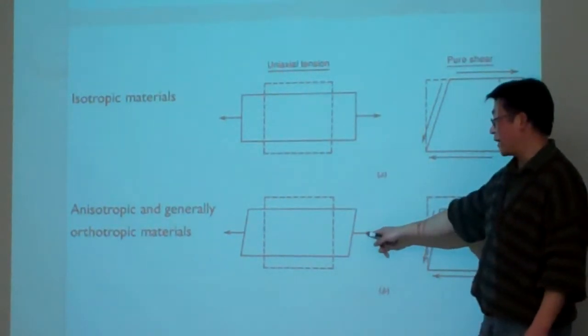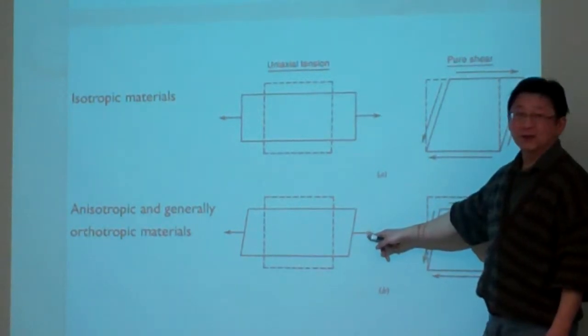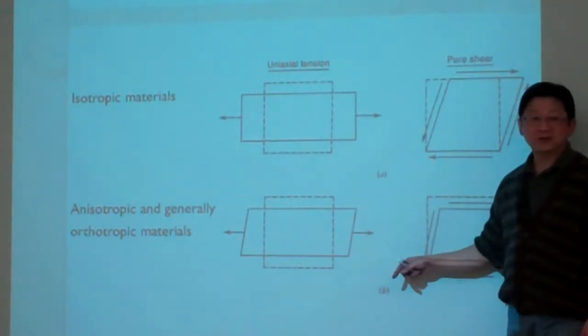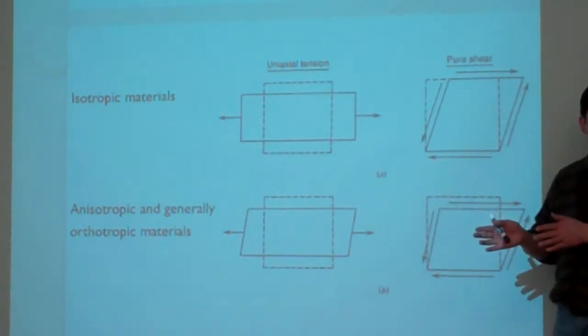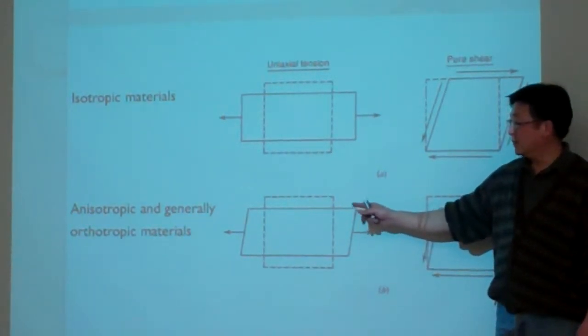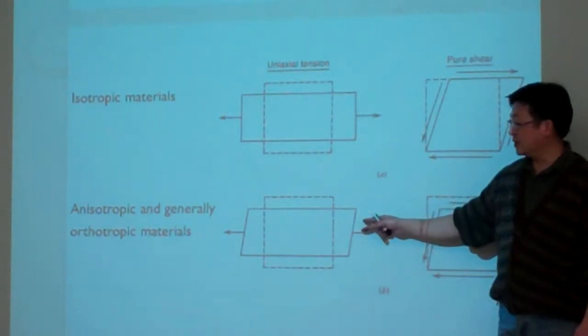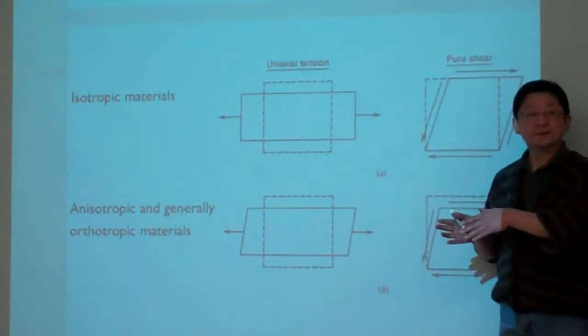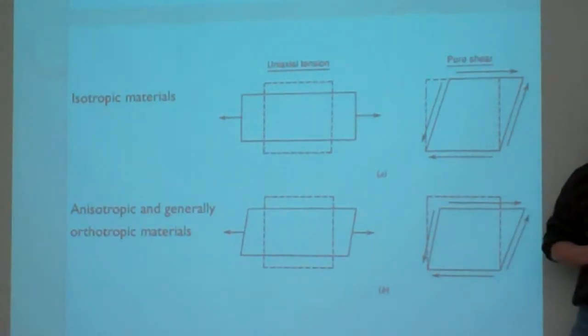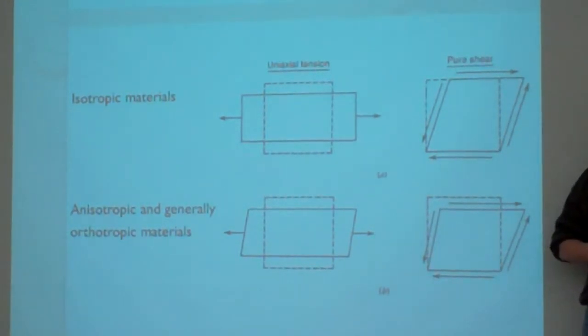Right now that looks a little bit weird. Usually in traditional mechanics of materials, we know that shearing must be induced by shearing force. But here you can see for a general anisotropic material, we can use axial loading to induce shearing. And that is the nature of this more general material.